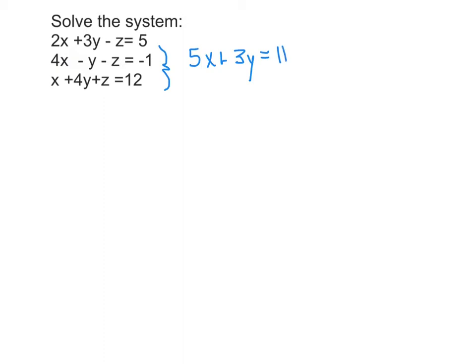I then need to pick a different combination of two equations that I'll add together. It would work out nicely if I take the first equation, so 2x plus 3y minus z equals 5. And I want to add that one also to the third equation, so x plus 4y plus z equals 12.